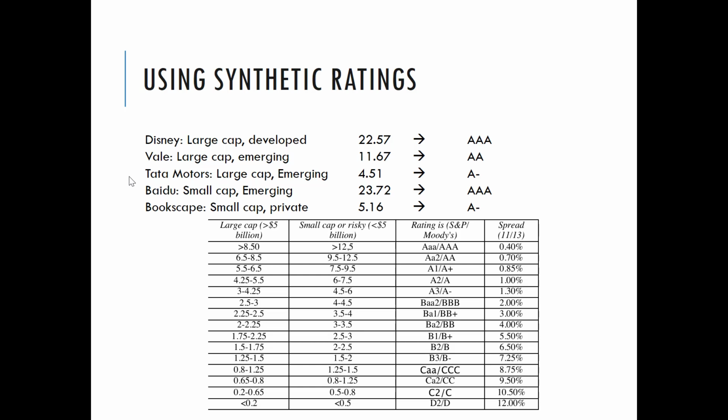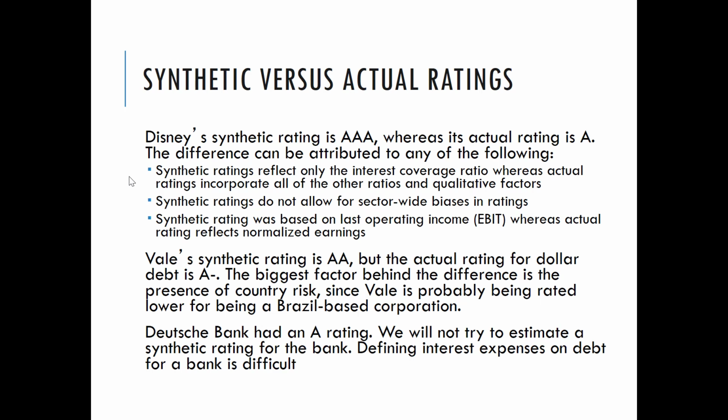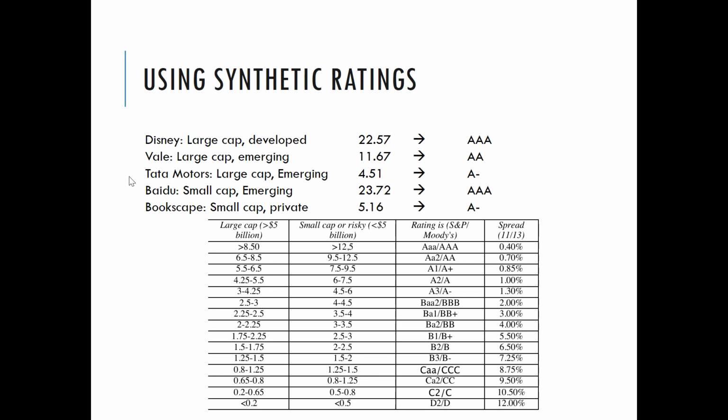Again, this is not the most optimal way to do it, because for firms that are actually rated, you can compare their official rating by S&P versus the synthetic rating that we are estimating. And usually you'll find that there will be differences. So for example, Disney's synthetic rating based on this table is AAA.